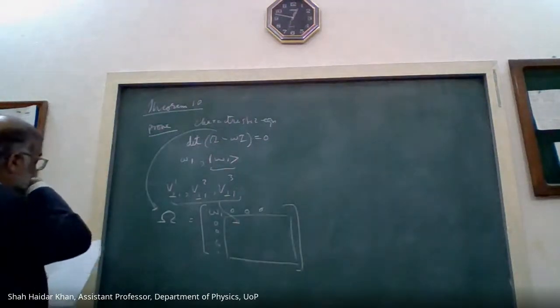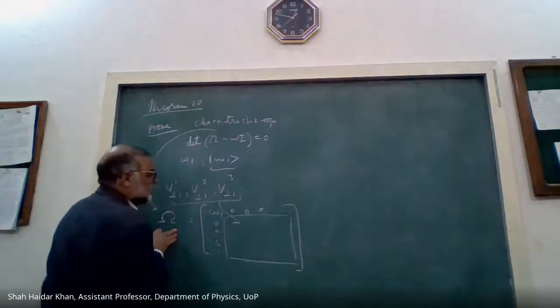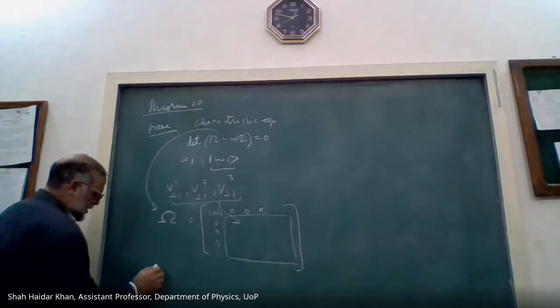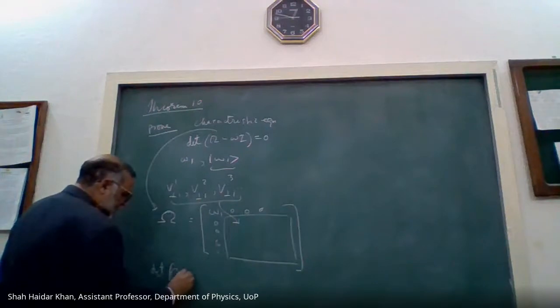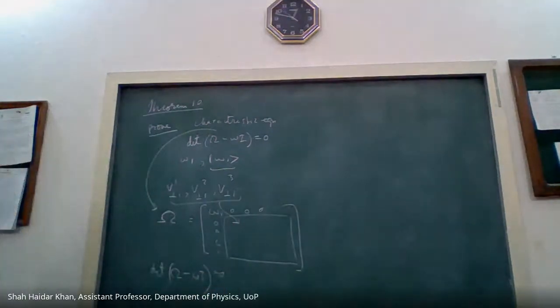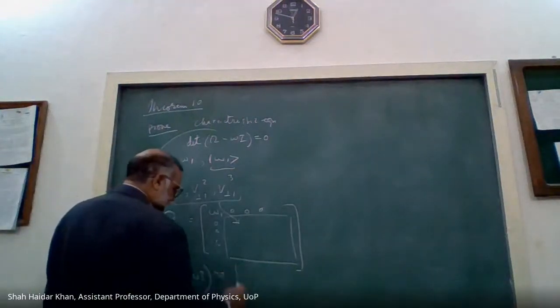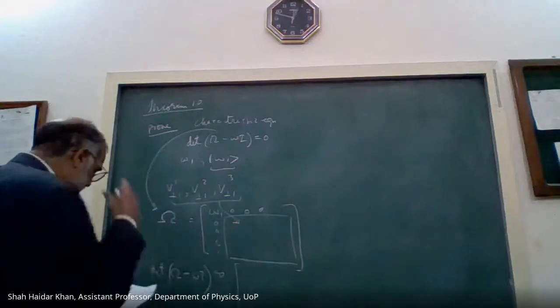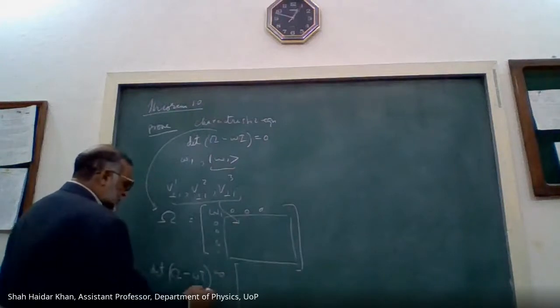And this characteristic equation, to apply this, is the determinant of omega minus omega into I, right, is equal to 0, right? So we can write this as the determinant of what?